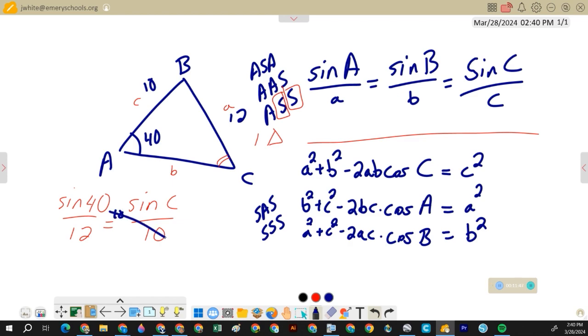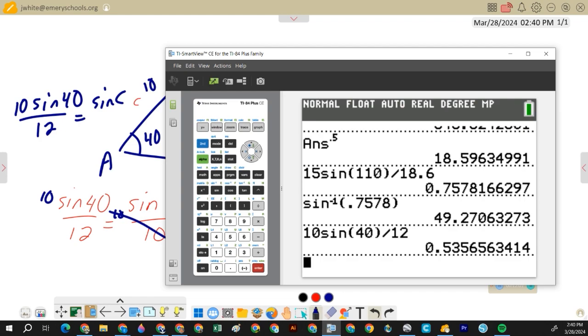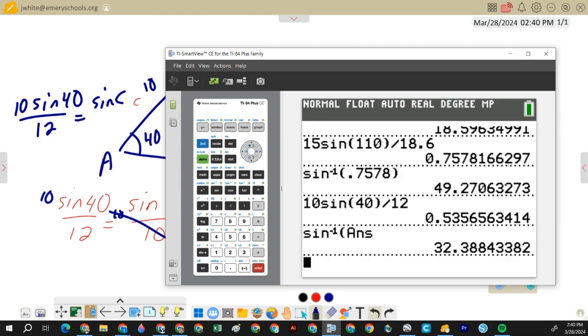Multiply both sides by 10. So 10 sine of 40 over 12 is equal to the sine of C. So 10 sine 40 over 12 is 0.53, and then we have to invert the sine, and we get 32.4.